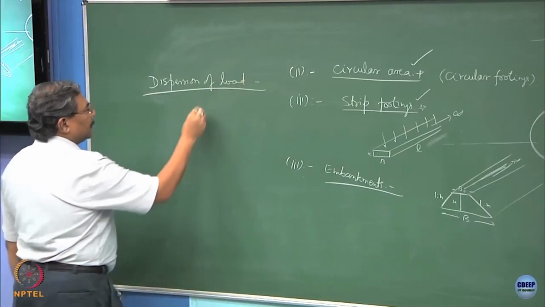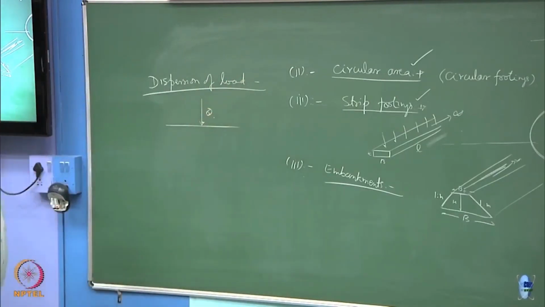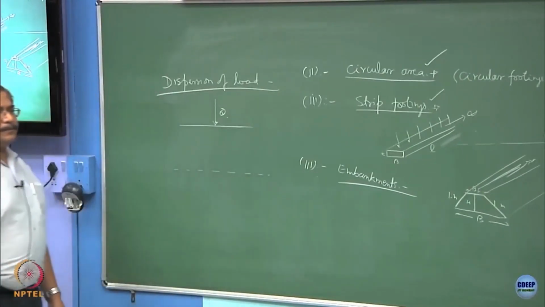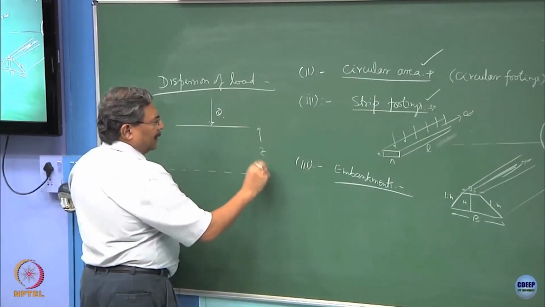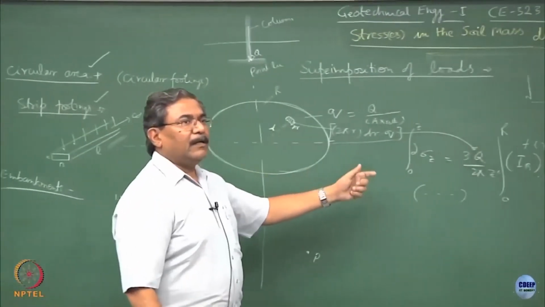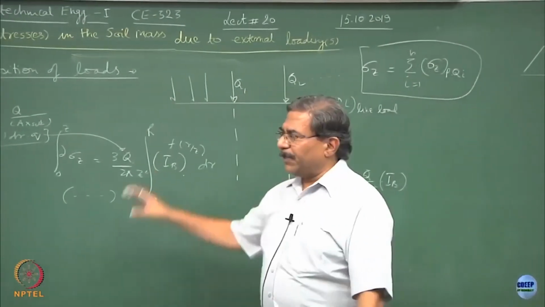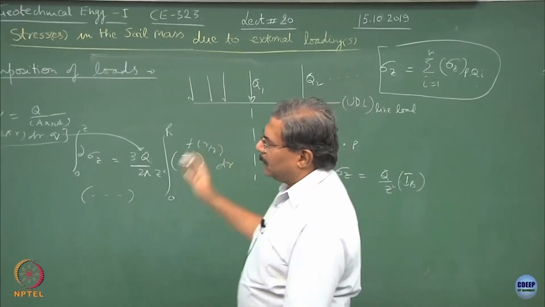So suppose there is a Q load which is acting, and I want to find out the state of stress in gross terms, as a designer, at a depth of, let us say, z, and I do not have time to do this analysis. I am just doing the first DPR to tell you the cost of the project. So I do not want to go into the intricacies, I do not know how much time it is going to take me to analyze all these things.